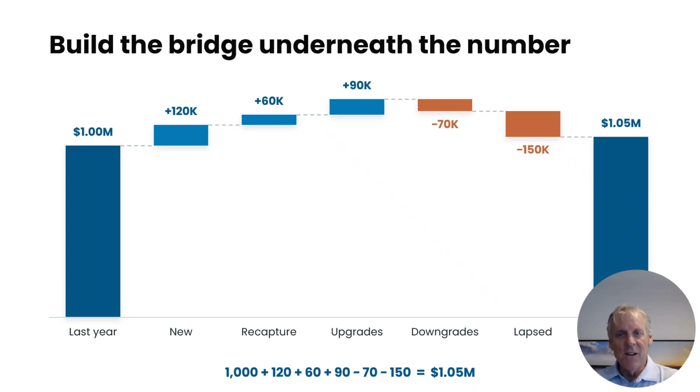Then the step downs, downgrades, donors who gave less take away 70, and lapsed donors who gave nothing this year cost 150. Land it all and you're at $1.05 million. Same 5%, but now you can see every current that pushed you up and dragged you down.